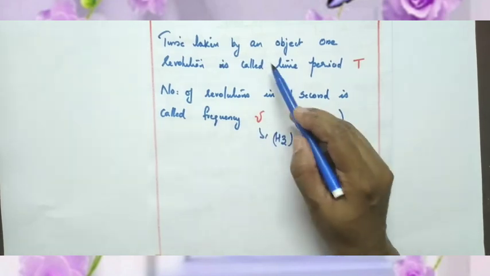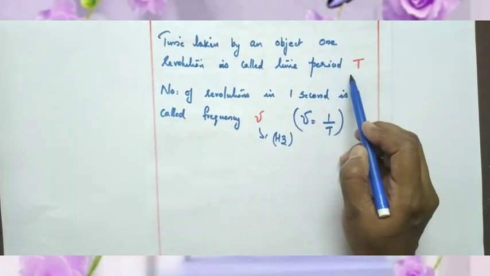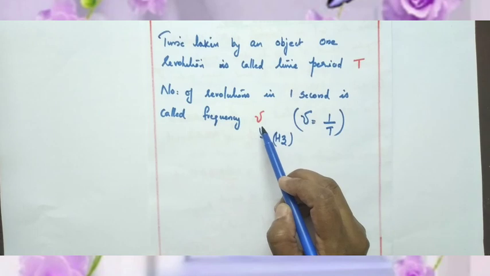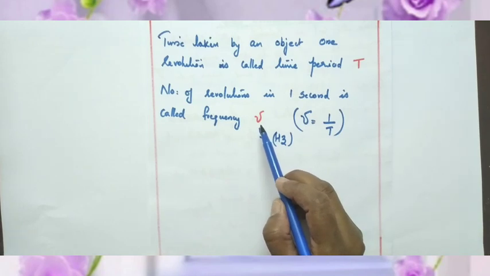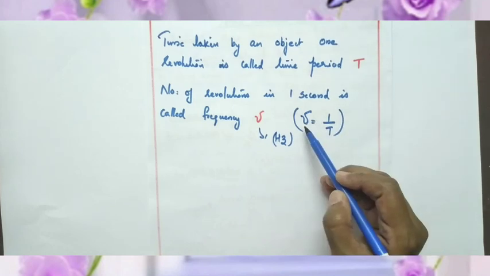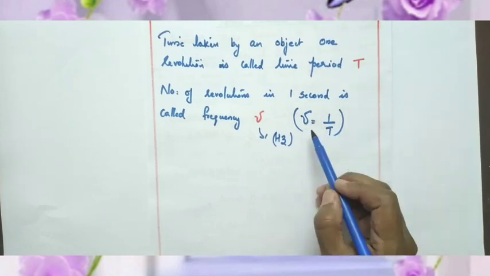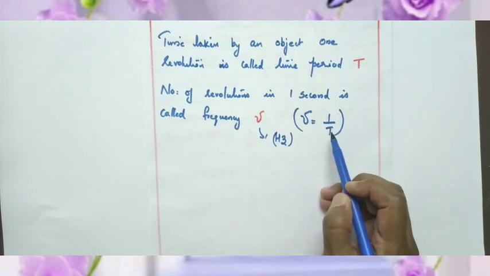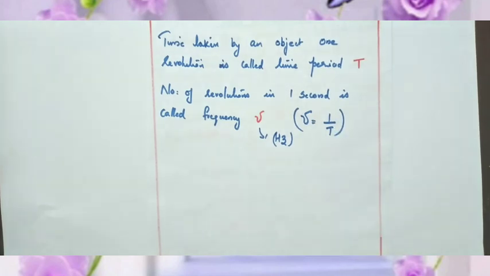Okay children? So time for one complete revolution is called a time period, and the number of revolutions in 1 second is called frequency. Frequency is represented by the Greek letter nu, and the relation between frequency and time period is nu equal to 1 by t. Its SI unit is second raised to minus 1, and it is called hertz.